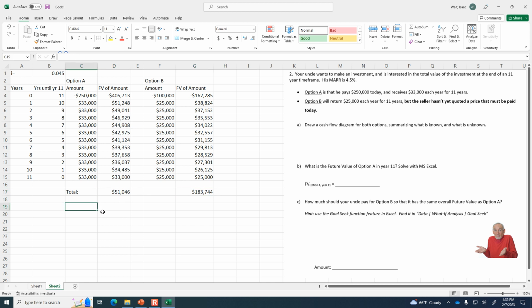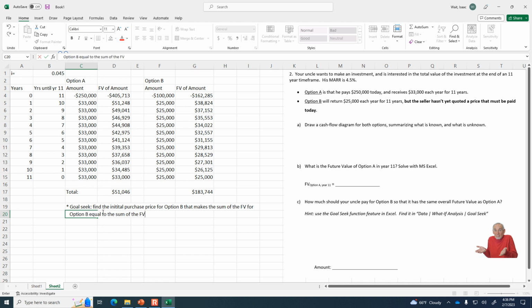So our goal seek that we're going to do: find the initial purchase price for option B that makes the sum of the future values for option B equal to the sum of the future values for option A.